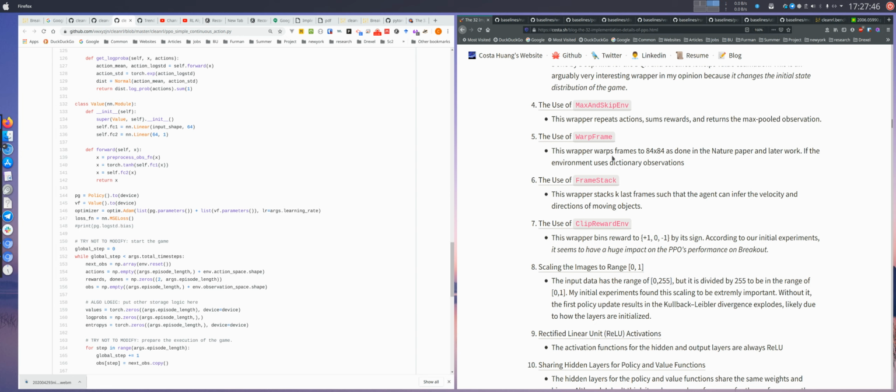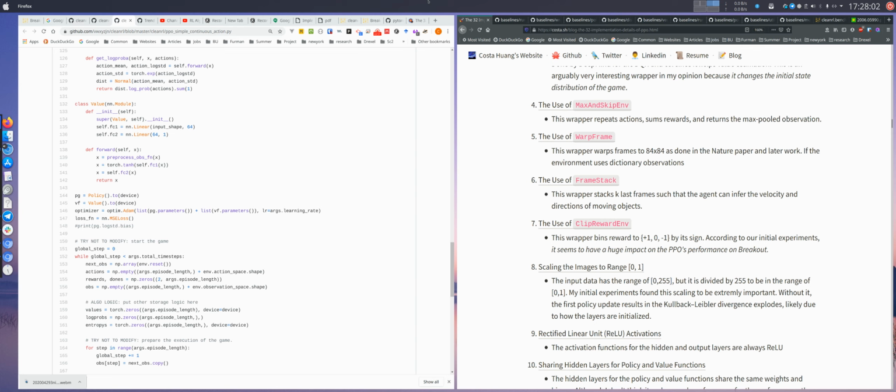For my experiments, I find this clip reward env to be really important. If you don't set it, the agent overlearns, and the learning becomes significantly more unstable.